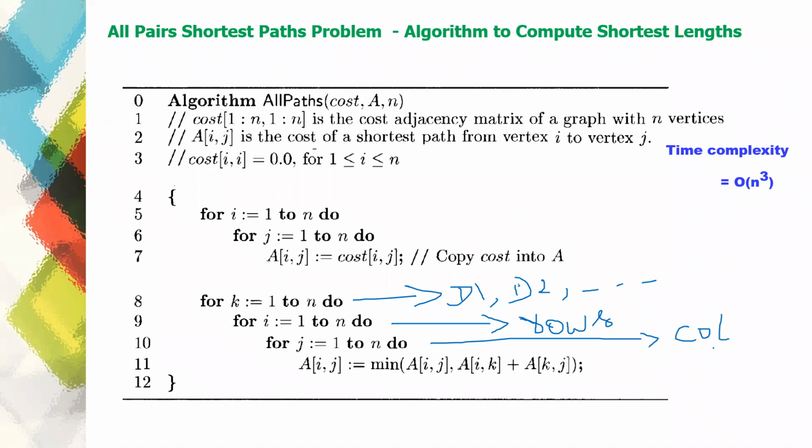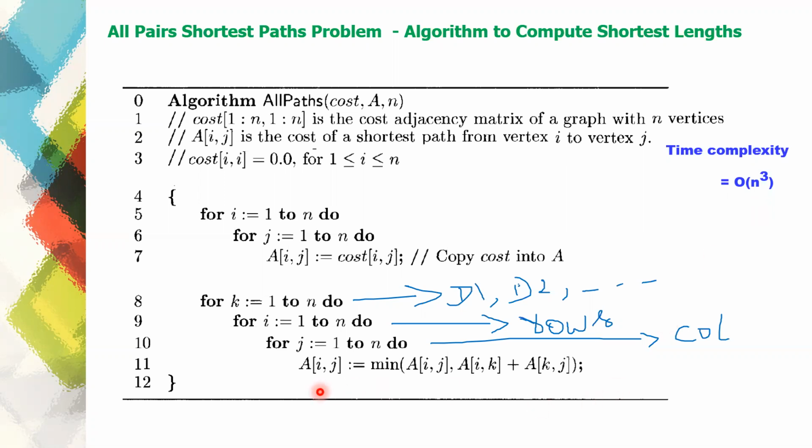So I have taken 3 nested loops, and hence the time complexity of this algorithm is big O of n cube, because there are 3 nested loops. The time complexity of the algorithm is big O of n cube.